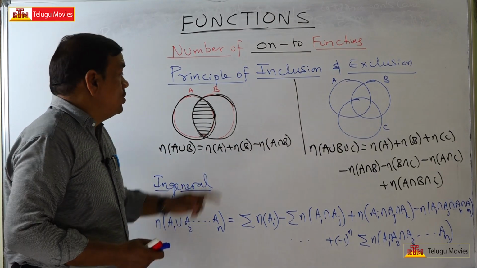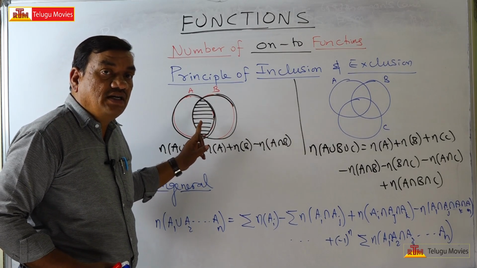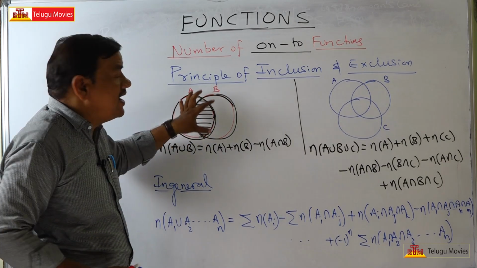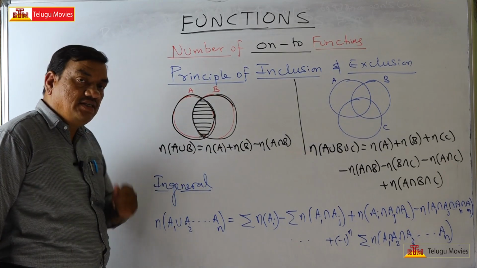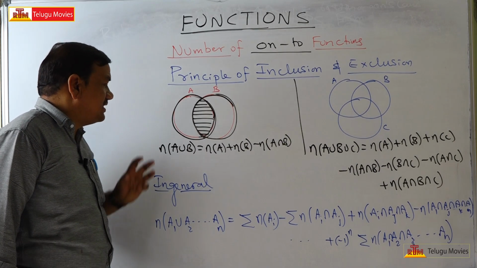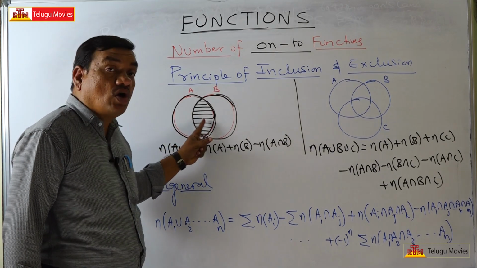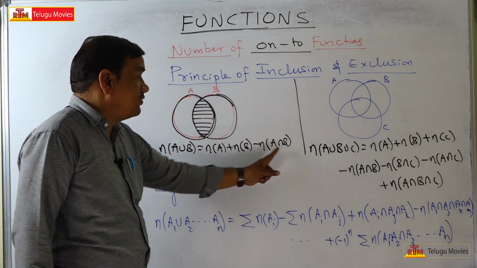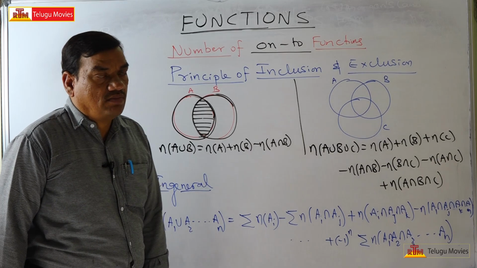That means you are counting the elements in A intersection B two times. But the question is the number of elements present in either A or B. So since you are counting 2 times, you have to subtract 1 time, that is minus n of A intersection B, right?